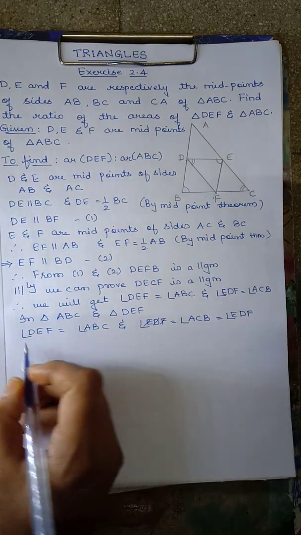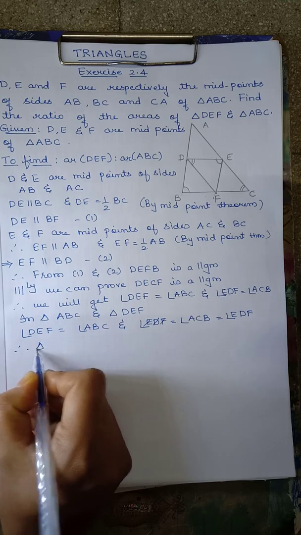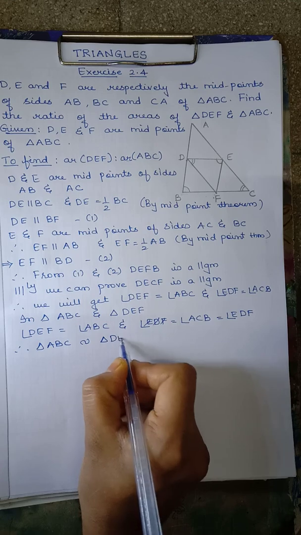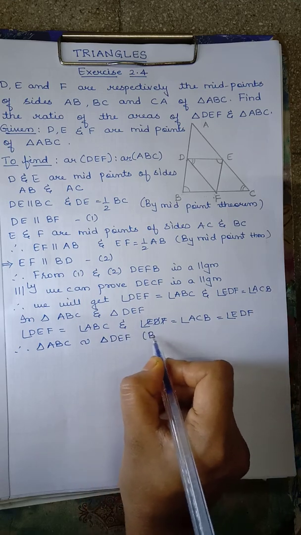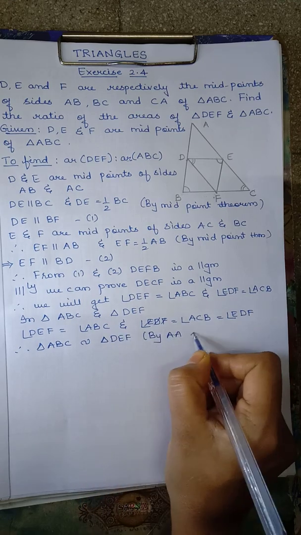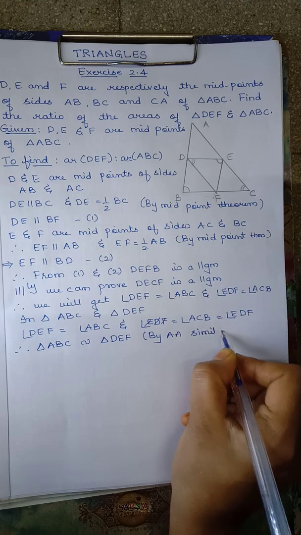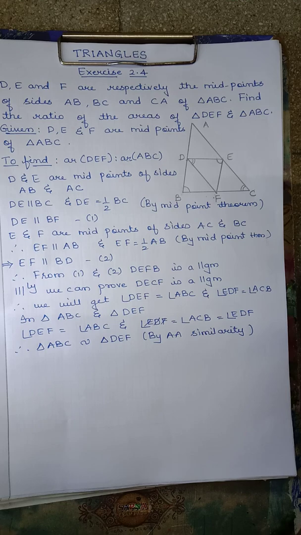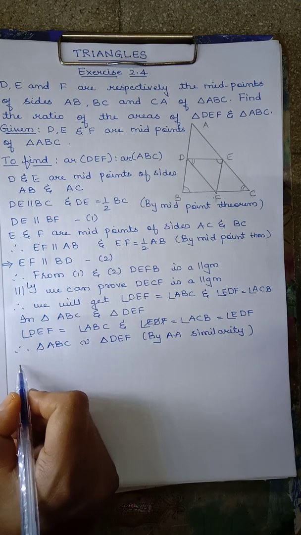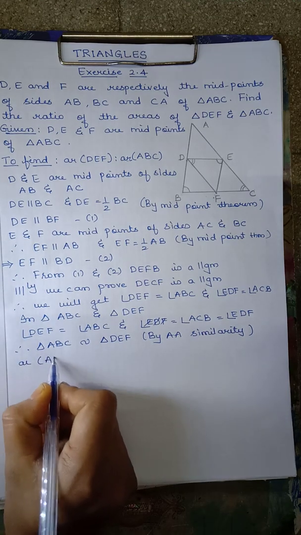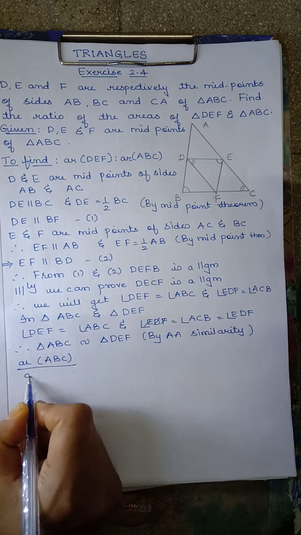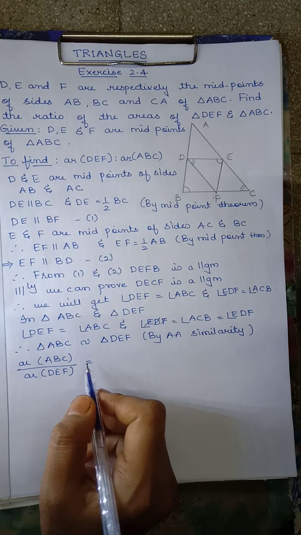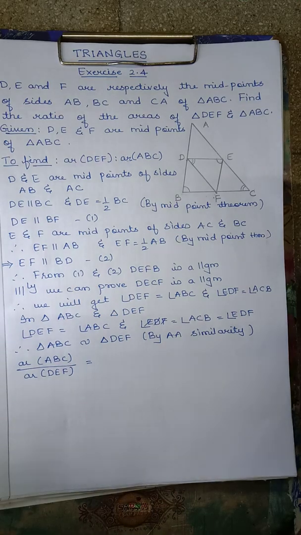DEF. Okay, children. So now therefore triangle ABC is similar to triangle DEF by AA similarity. Two angles are equal, we have proved. So by AA similarity, the two triangles will be similar to each other. Now when two triangles are similar to each other, the area of ABC upon the area of DEF will be equal to the ratio of the square of their corresponding sides.